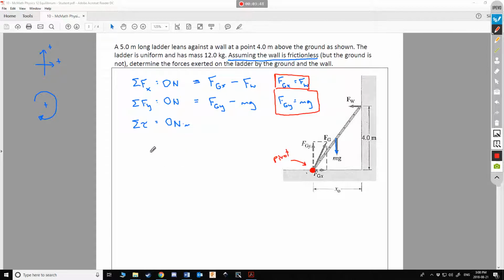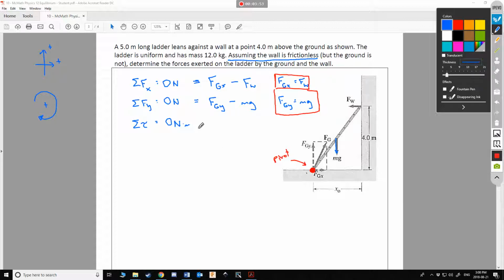So let's write our equation for torque. In the clockwise direction is this Mg. I want to find out what this distance is right here. Because Mg is going straight down, and the ladder is not at 90 degrees with Mg, what we need to find is the perpendicular distance from Mg. We're given that the ladder is 5 meters long and the height right here is 4.0 meters.